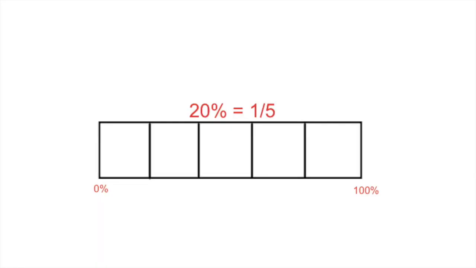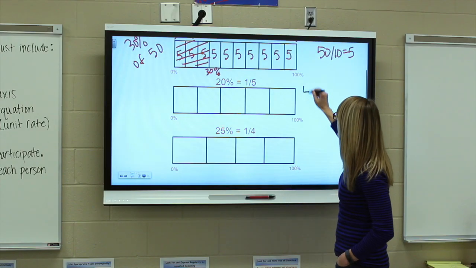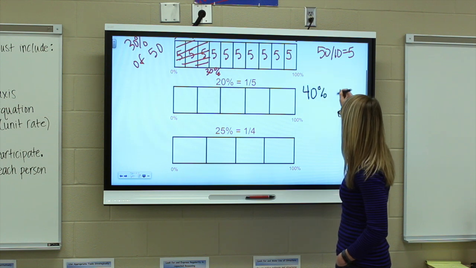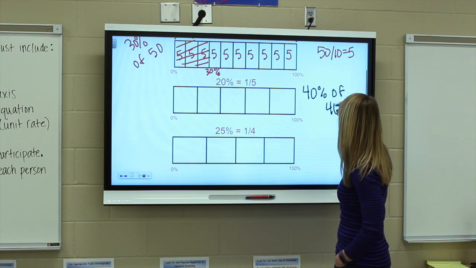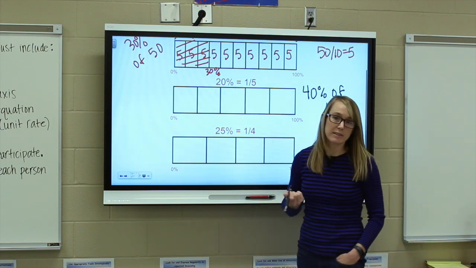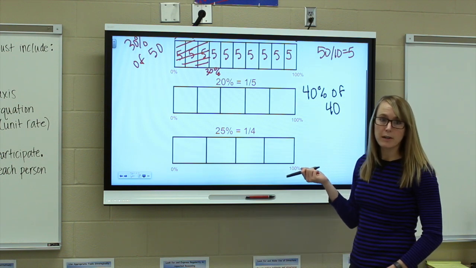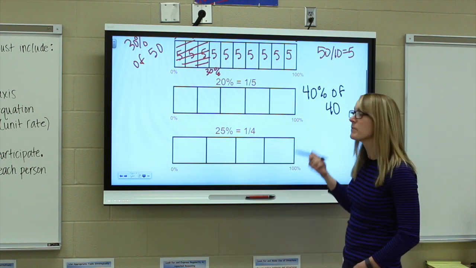Another benchmark fraction, 20% is a fifth. So you can also use that for multiples of 20%. So for example, if I wanted to find 40% of 40, well, I know that 20% is the same as a fifth. So what's 1/5 of 40? What's 40 divided by 5?